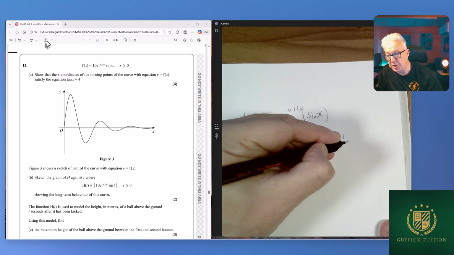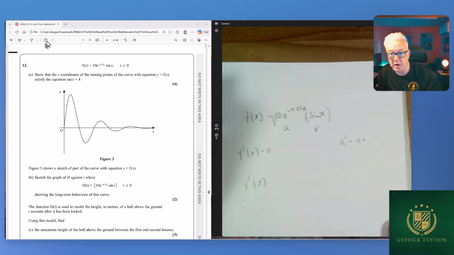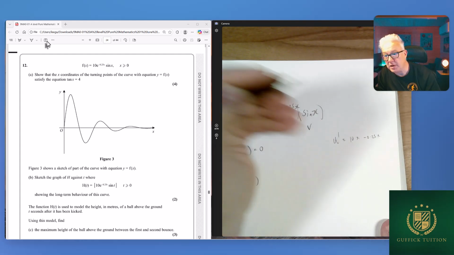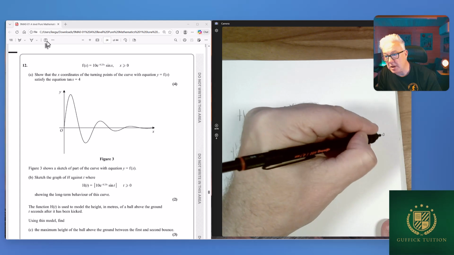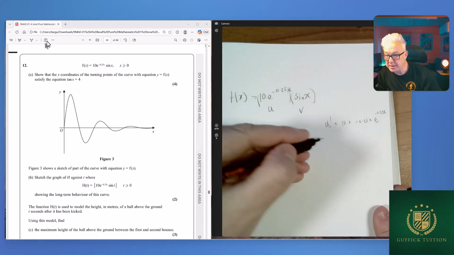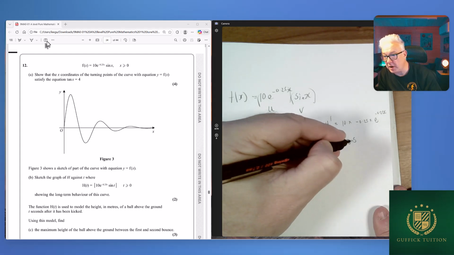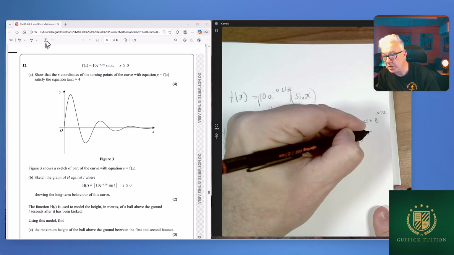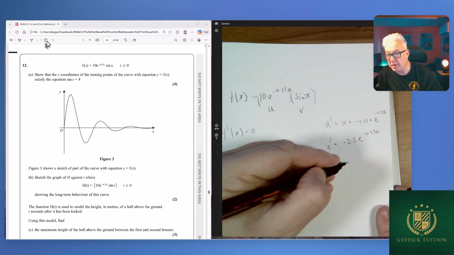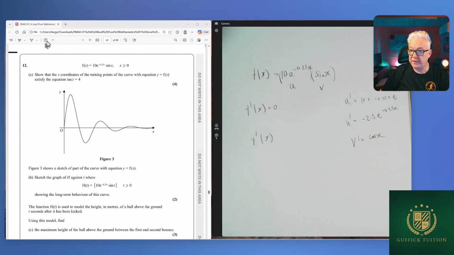Using the chain rule, it's 10 times minus 0.25 times e to the minus 0.25x. So u dashed is equal to minus 2.5 e to the minus 0.25x. v dashed is going to be cos x.